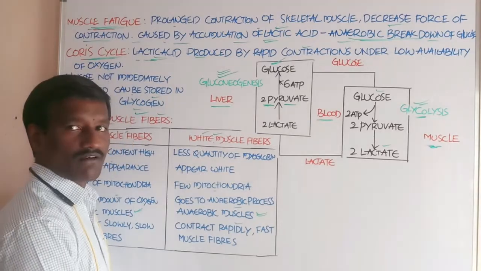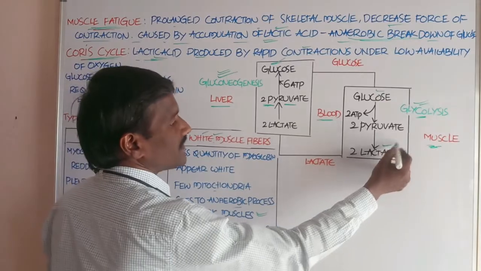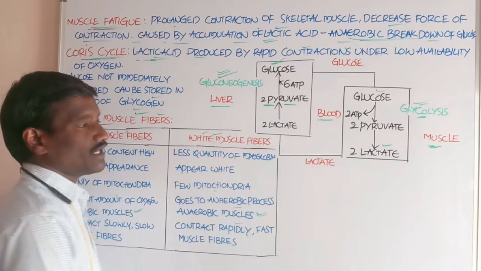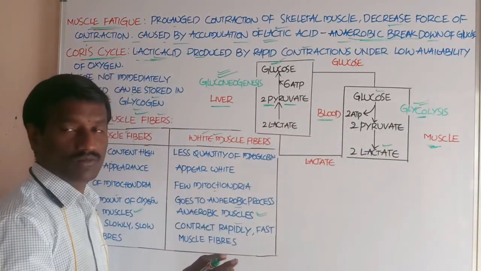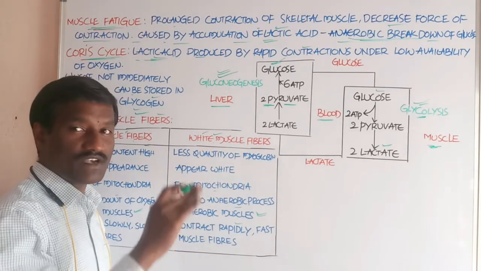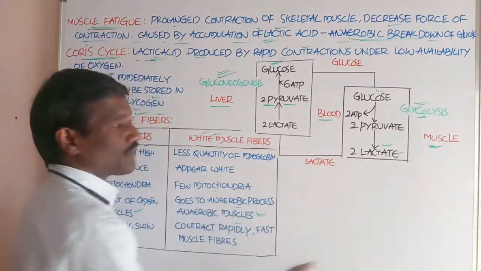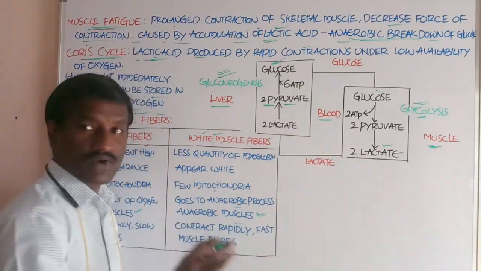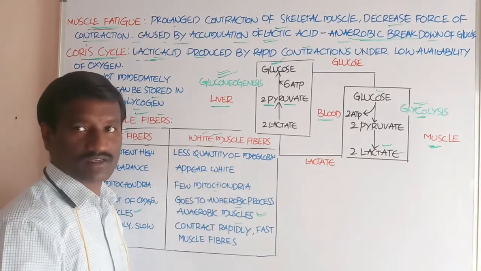From the two pyruvates, two lactates are produced in the muscle during anaerobic breakdown of glucose molecules. These are formed when the muscle goes into rapid contraction.